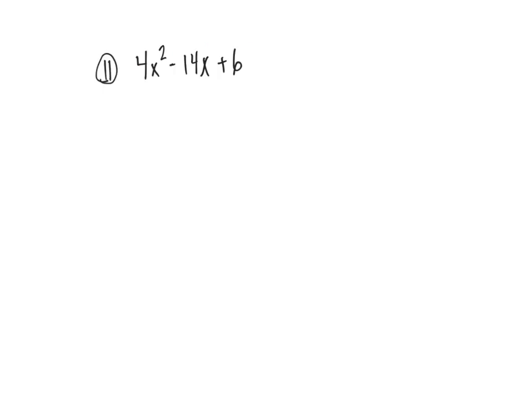All right, our first one is 4x squared minus 14x plus 6. And so in my mind, the first thing I think I need to do is look for a greatest common factor. So does this have a greatest common factor? My coefficients are 4, 14, and 6.